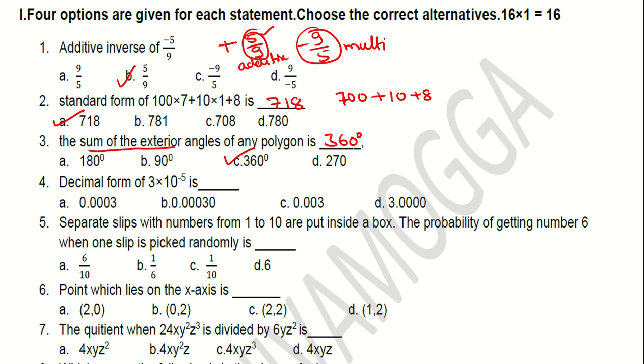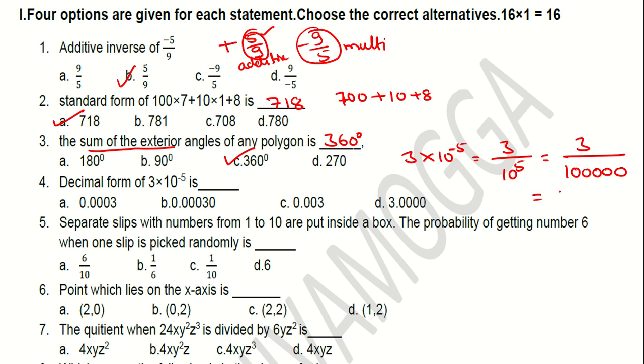And the decimal form of 3 into 10 raised to minus 5. To write the decimal form, 3 is in the numerator. Since the exponent is minus, we write 10 raised to 5 in the denominator, and that becomes positive. So 3 divided by 10 raised to 5 means 5 zeros in the denominator.